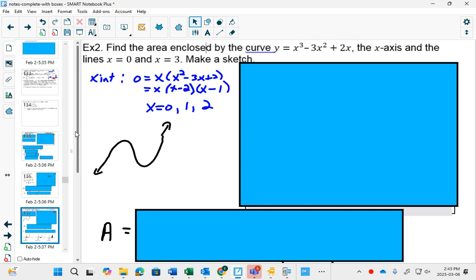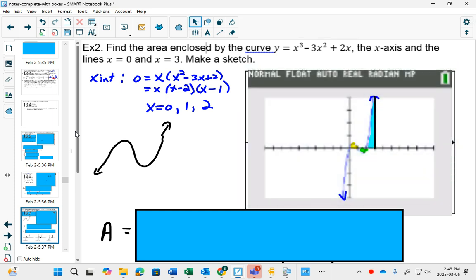So if I draw those x-intercepts and I have that basic shape, I can get this idea. Which means we're going to have a little area that's yellow and positive, then a little area that's green and negative, and a little area that is blue and positive.